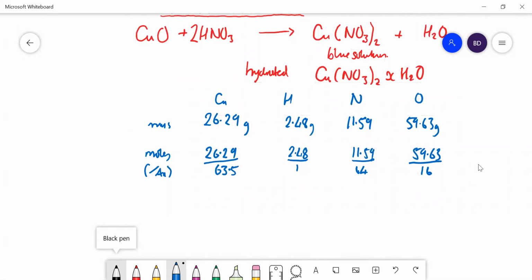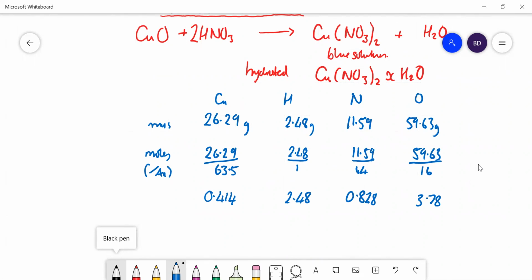That is equal to 0.414 moles of copper, 2.48 moles of hydrogen, 0.828 of nitrogen, and 3.78 of oxygen.